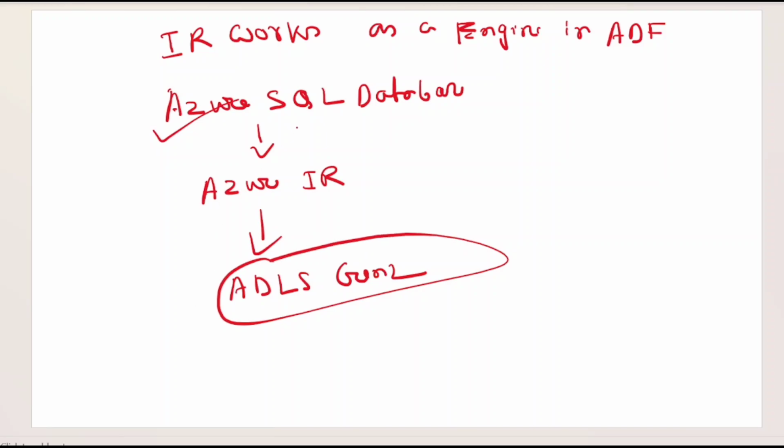From this workflow, what you understood is that Azure integration runtime first connects to Azure SQL DB, reads the data from the source and writes it into ADLS Gen 2. This is a very important point, just remember this one guys.